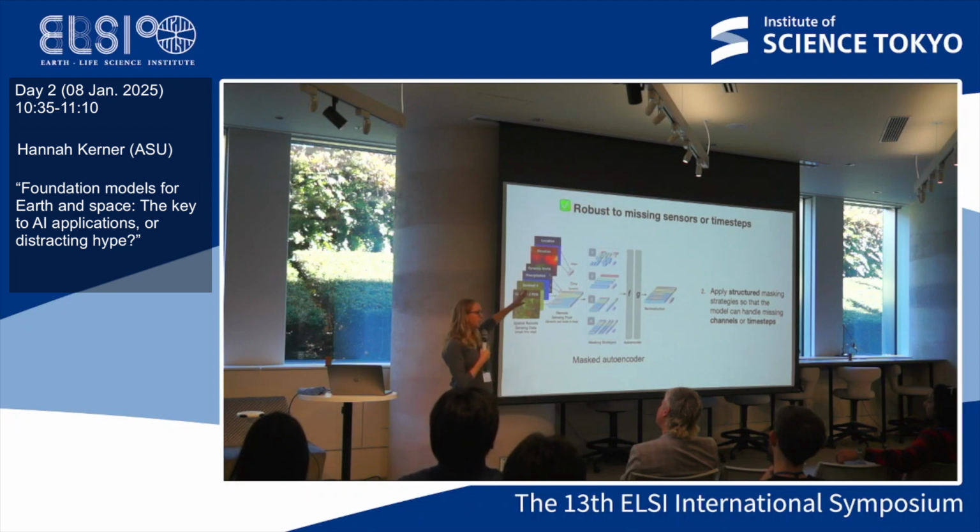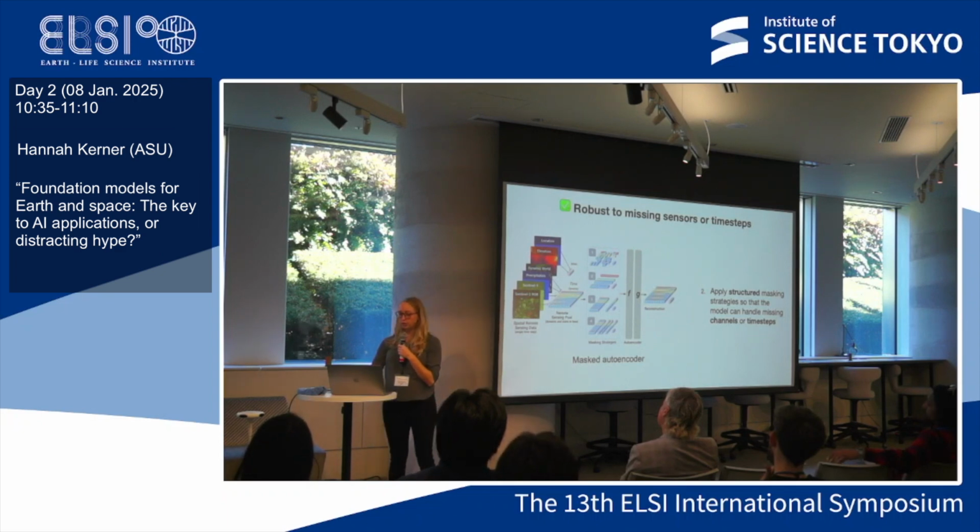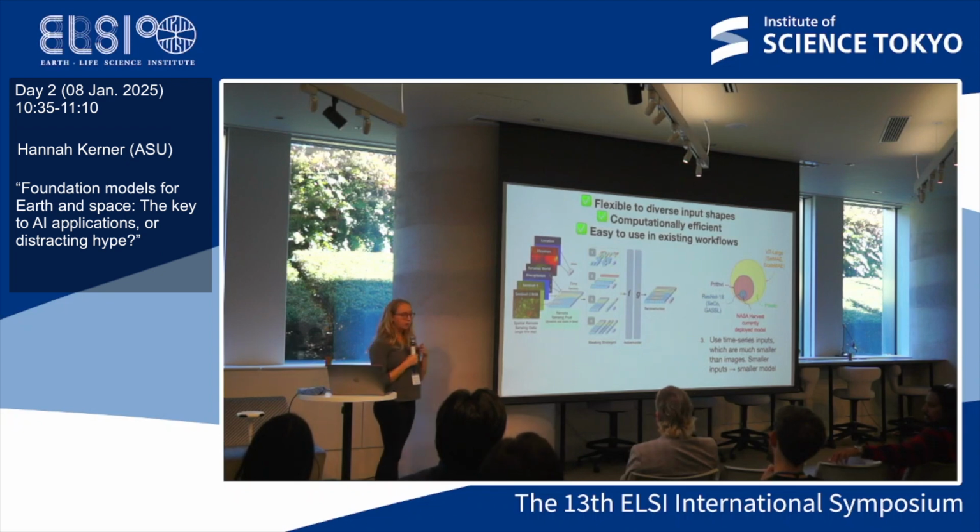So we'll say, okay, you have to predict the optical observation based on everything else. Or we'll mask out parts of a season. So we'll say you only have the first 6 months of data, predict the remaining 6 months. So we call that structured masking. And so that way, when the model is being used, you don't need to have all those instruments. You could just have one or a few.